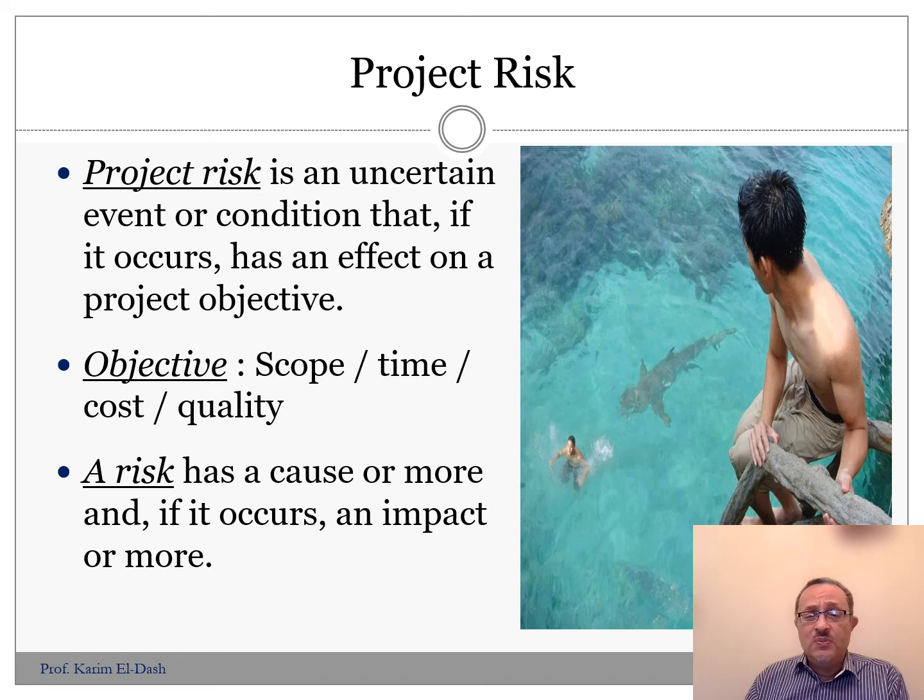For the scope, it is more difficult because the scope of the project usually is very strict. It is very difficult to change the scope, especially if we have achieved some activities or many activities or most of the activities that we have in the project. Changing the scope will have impact on the budget. If you are increasing the scope, which is very, very rare, we have to find how we are getting that excess of money.